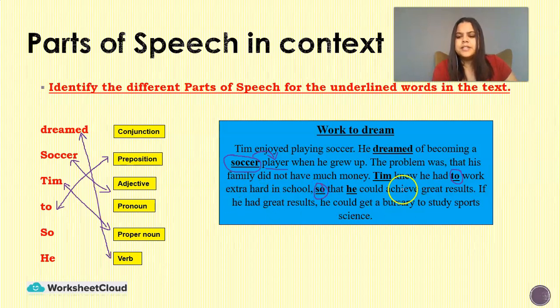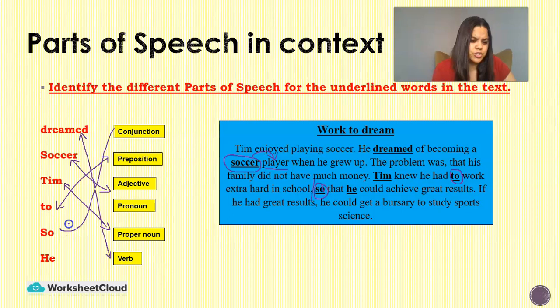And I can see that if I had to look at it, Tim knew he had to work extra hard in school. I could possibly have made that one sentence, okay? He could achieve great results could have been my other sentence. So therefore I can see that so is a conjunction, and the conjunction's right here on top. So let's just get that there.